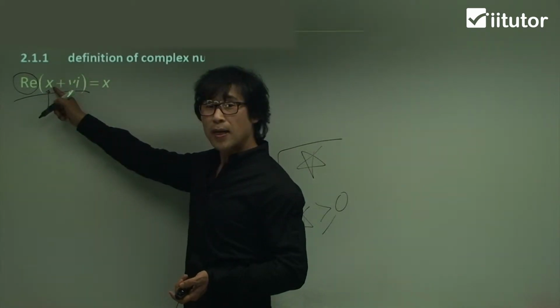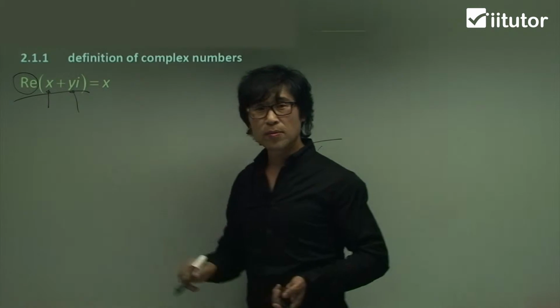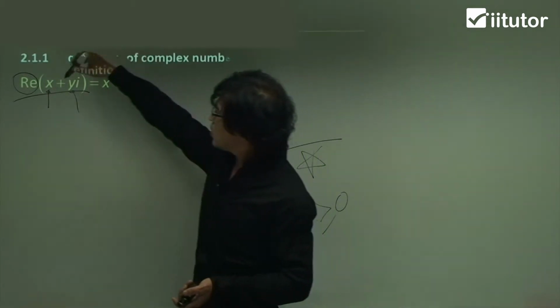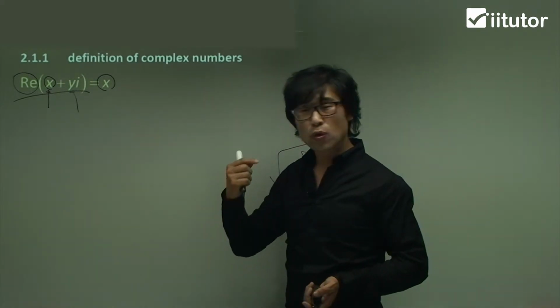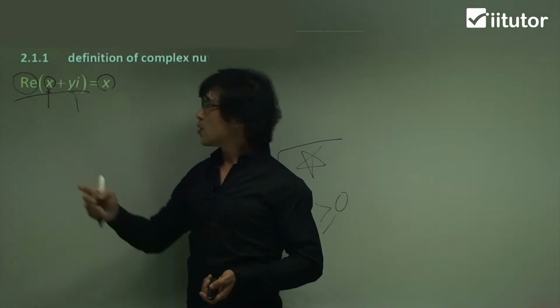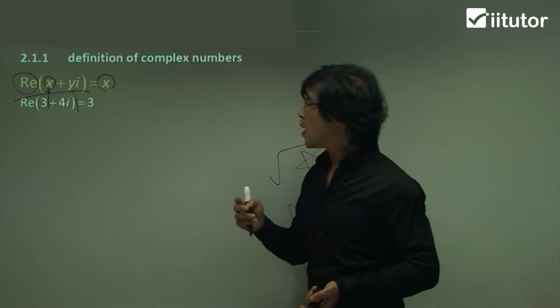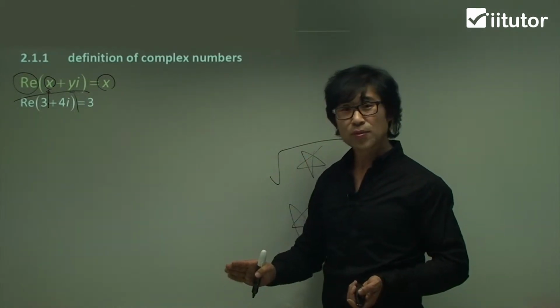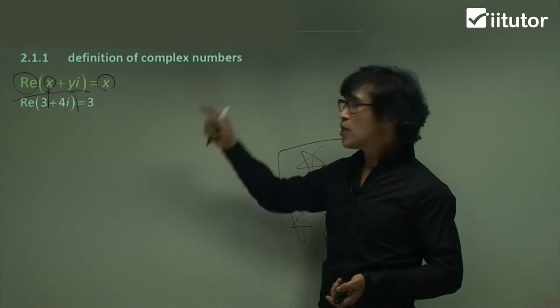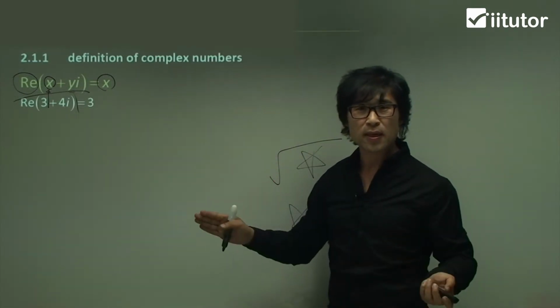That is the real part and this is the imaginary part. Make sure that the real part, which we call x, is the result of this function. For example, the real part of 3 plus 4i is simply 3. Anyone can do this one. You pick up the real part, that's the answer.